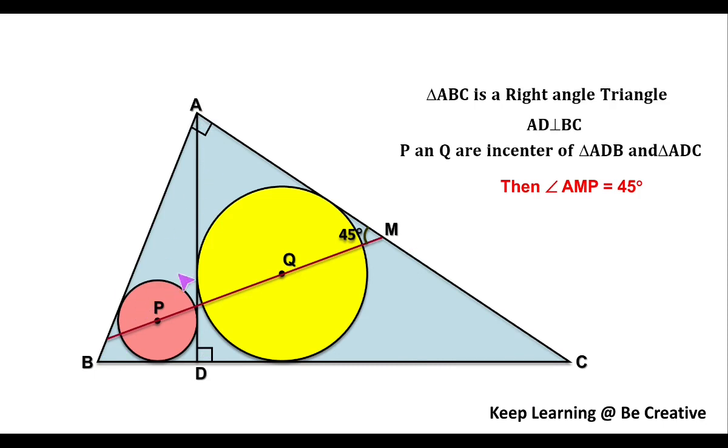Now in these 2 small right angle triangles, if you take the incenter of triangle ADB, P, and the incenter of triangle ADC, Q, and if you join these 2 incenters P and Q, then it will intersect the other 2 sides at points M and N. So here the angle AMB comes out to be 45 degrees. So if you remember this concept, it will be very easy for us to solve this question. Let me tell you how.